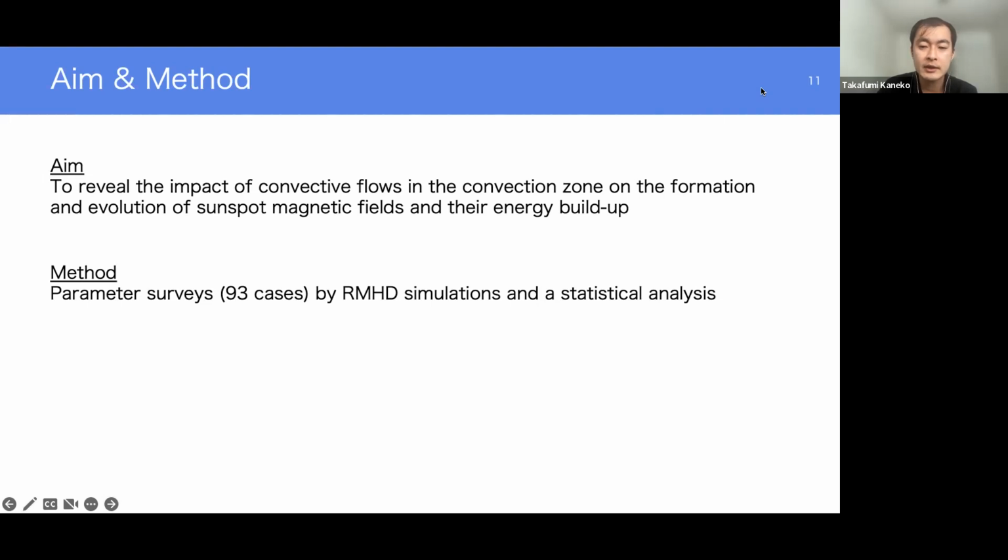We applied a simple statistical analysis to the results and extracted the essential features which are important to determine the magnetic distribution, especially the formation of delta spots in the photosphere.